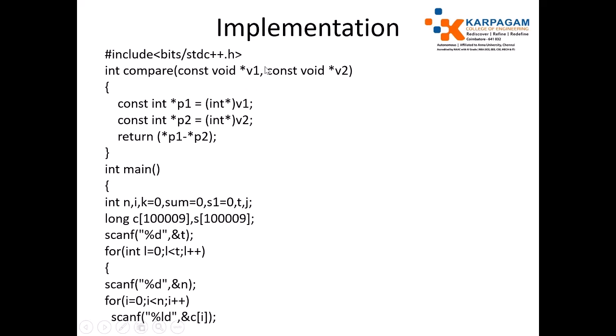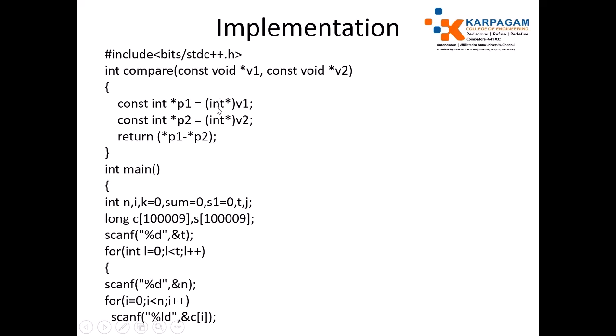That is why we are passing two arguments in the function compare, and the default type for the arguments is const void pointer. By using this const void we can compare integer, float, character, or string, or whatever it may be. So that is why we are using a generic pointer here.